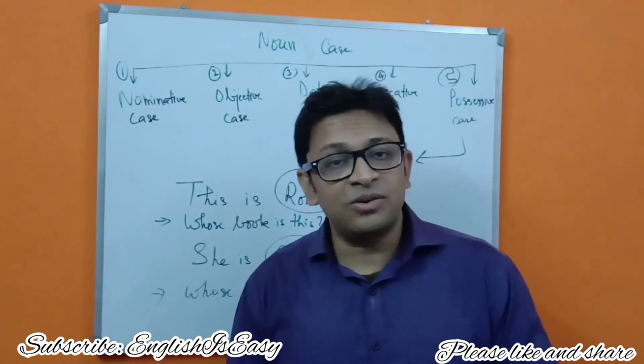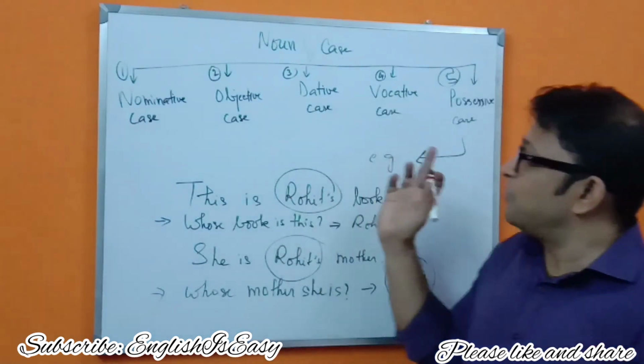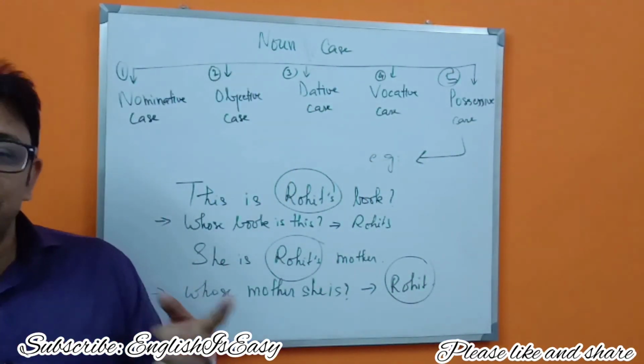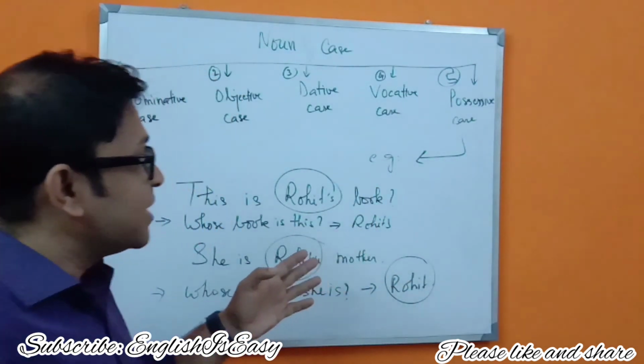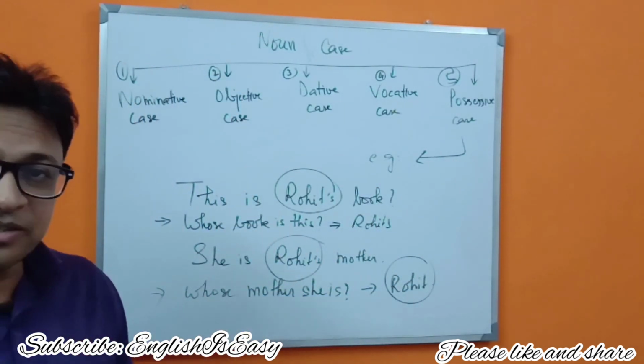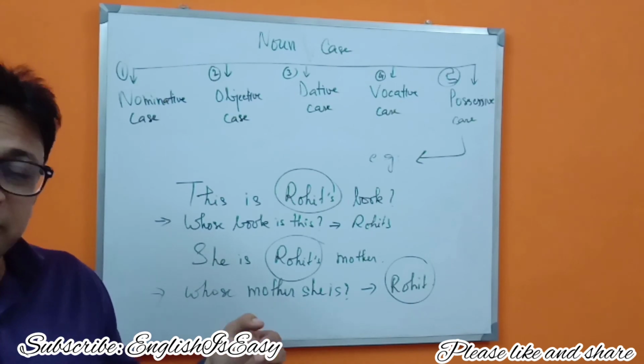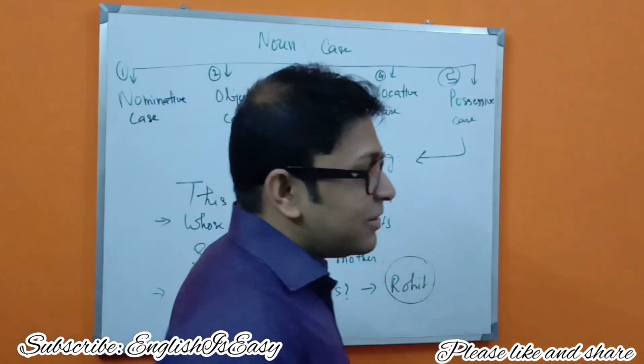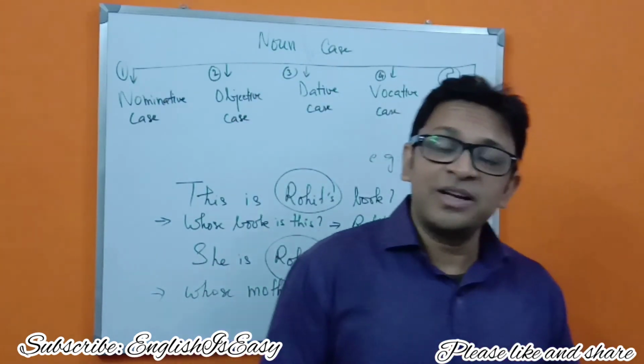That means it is not acting as a direct object. Vocative case, where the noun is being addressed. Possessive case, where the noun shows the thing is possessed by that noun. That means it is the possessor. So these are our examples of noun case.